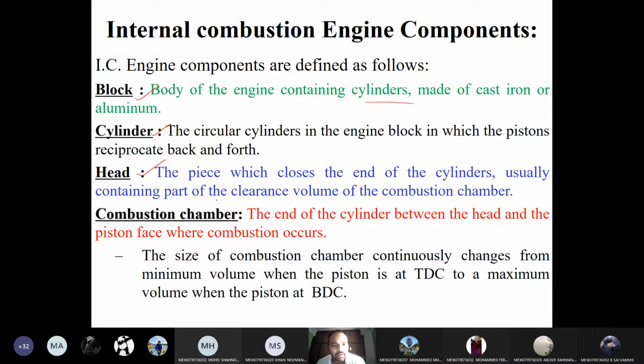The gap between the cylinder and cylinder head is the clearance volume, and the combustion chamber is the end of the cylinder between the piston head and cylinder head, where the spark is injected. The size of the combustion chamber varies continuously. When the piston is nearer TDC it is minimum, and when the piston moves away from TDC it becomes maximum.